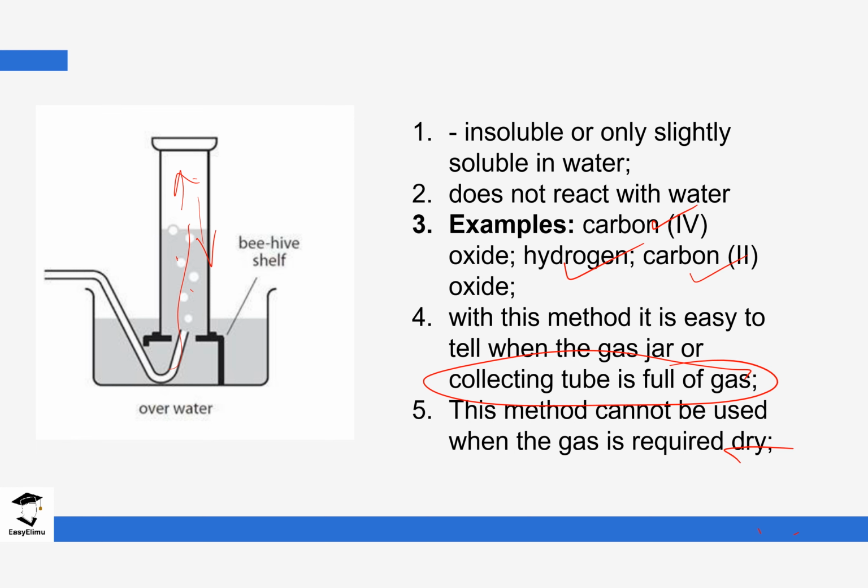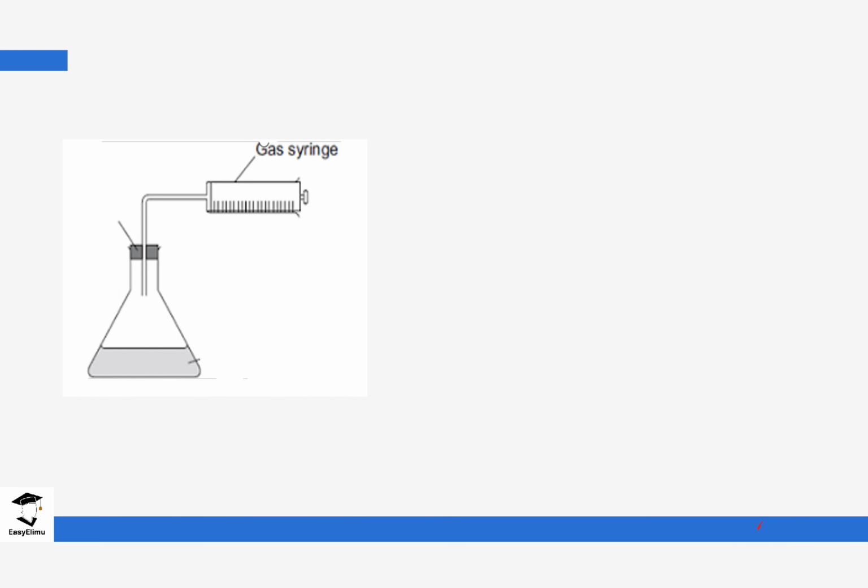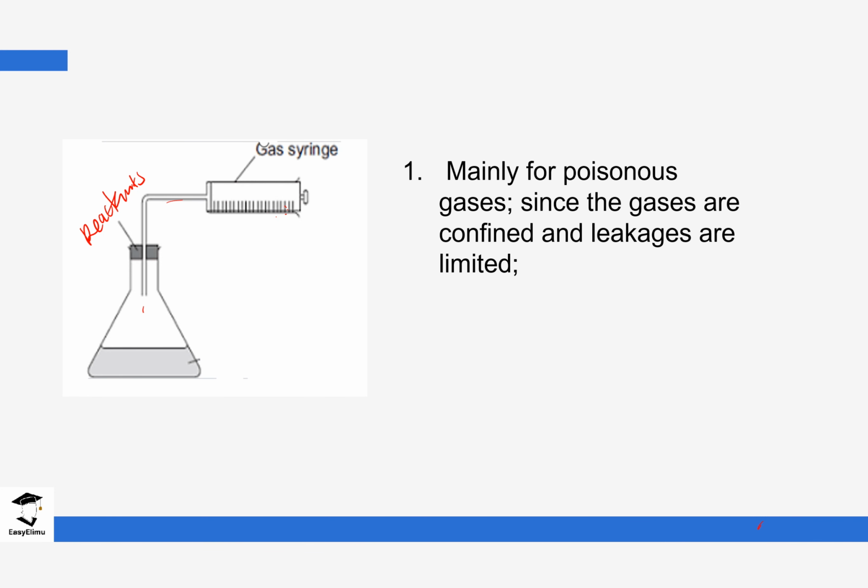Another final method is the use of a syringe, where we put our reactant here and then these tubes collect and go to the syringe. The syringe usually is used for gases that you do not want to leak into the environment, especially gases that are very poisonous.